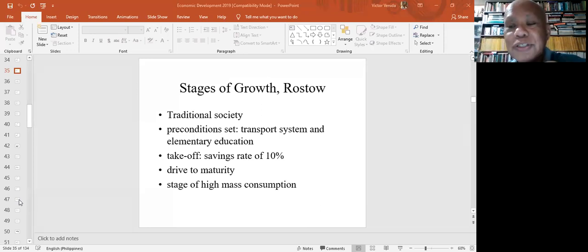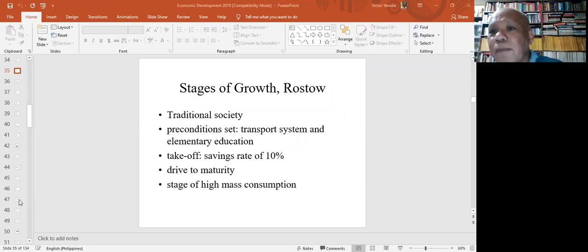Okay? So two more stages were added. The fourth stage after the takeoff is what's called the drive to maturity. The drive to maturity would be the stage when the industrial sector begins to dominate output, employment, and exports in society. Okay, so it's not just a question of more and more savings being invested.